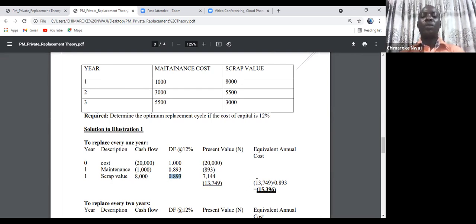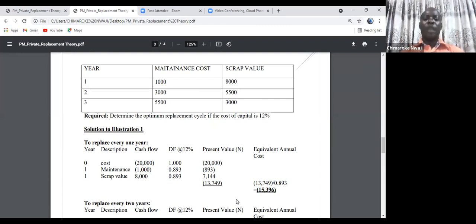So we use our net present value here, 13,749, and you divide by your year 1 discount factor. And now it has given you 15,396. That is the cost that you'll be spending every year if you decide to replace in year 1.